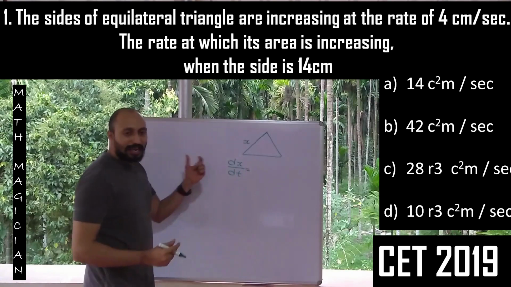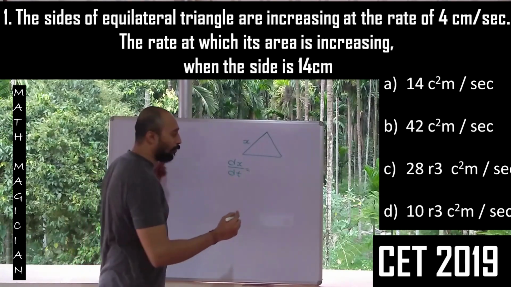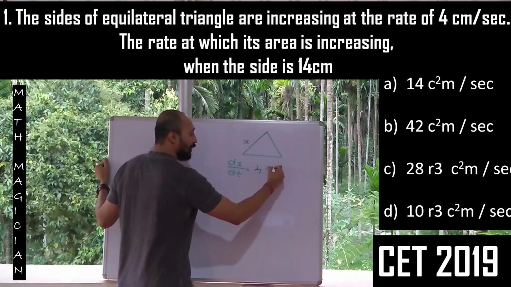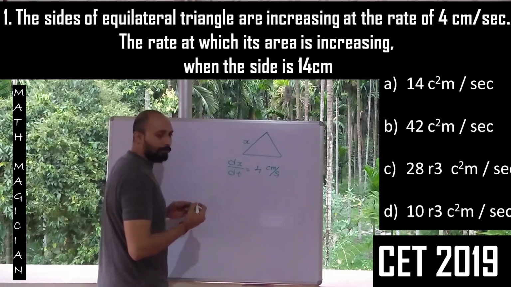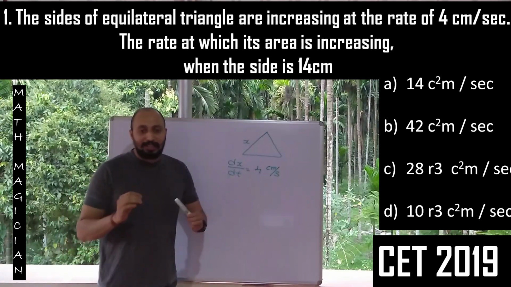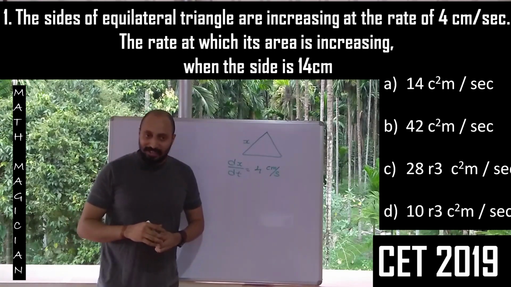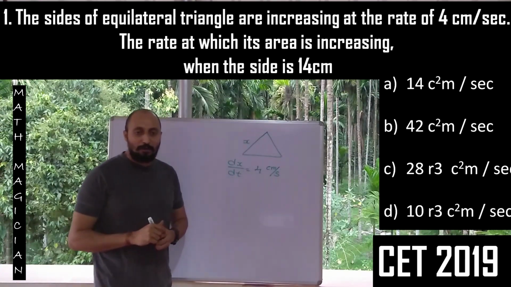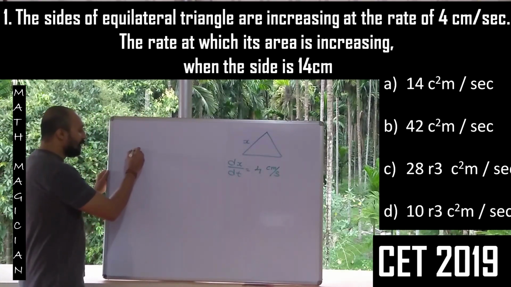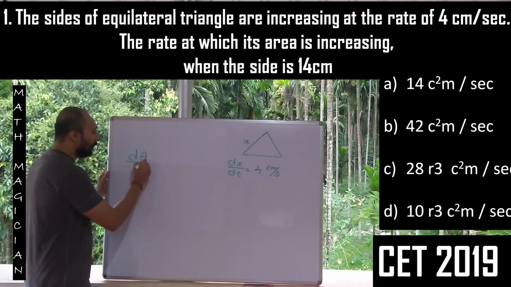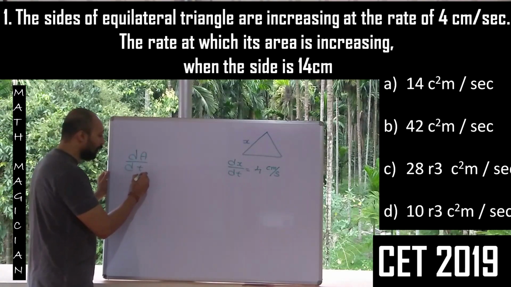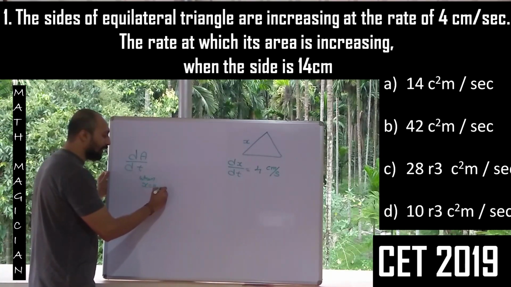So the change of side with respect to time is 4 centimeter per second. The rate at which the area is increasing when the side is 14. So what they are asking is the change of area with respect to time when side x is 14 centimeter.